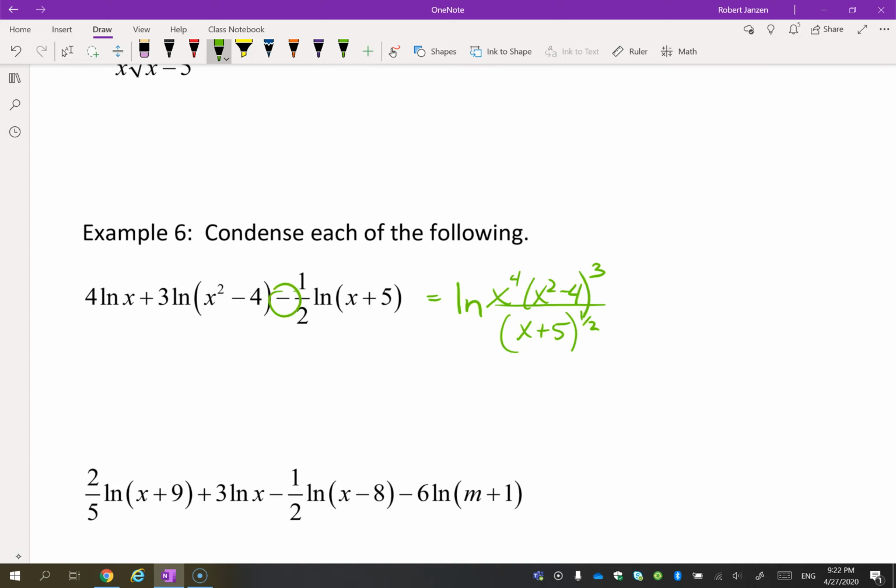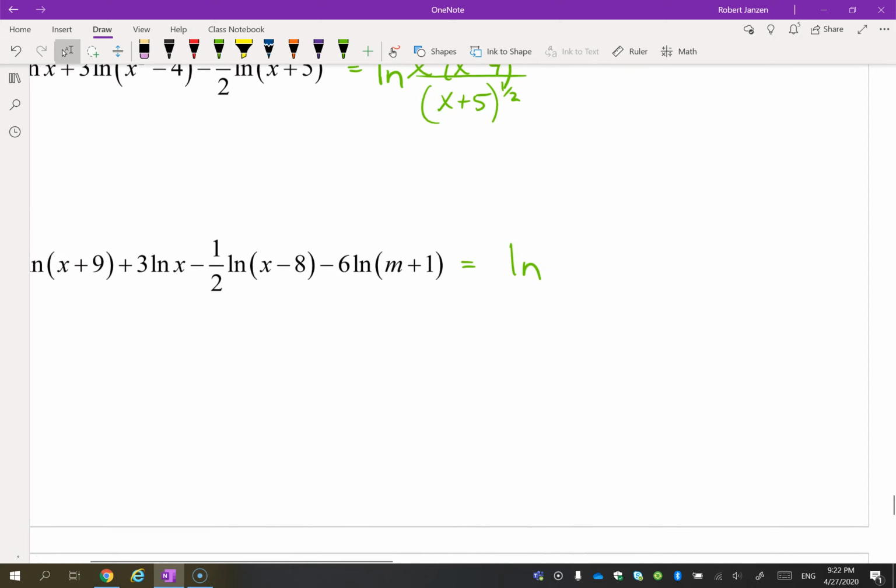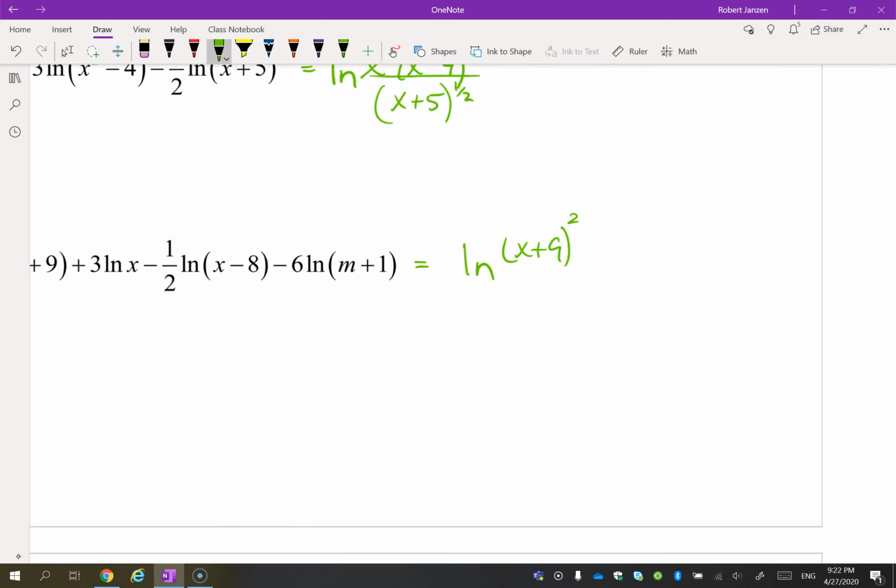Okay, so notice this means we're dividing. That's why it's going on the bottom. And the positive means we're multiplying, so it goes on the top. Okay, so 1 log here, it's going to be x plus 9 to the power of 2/5 times x cubed.